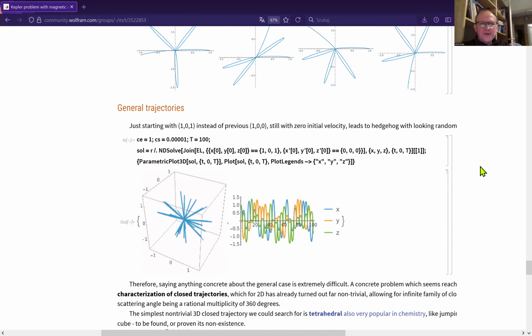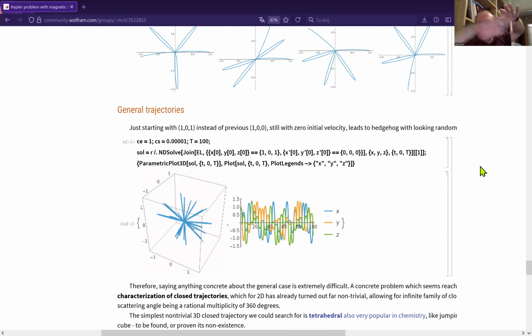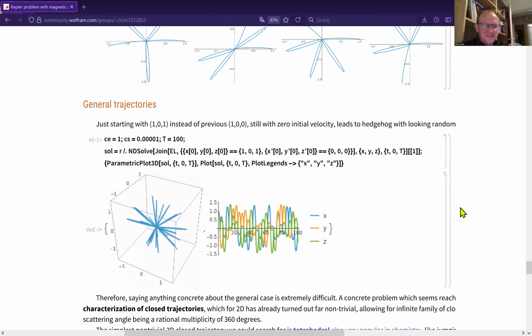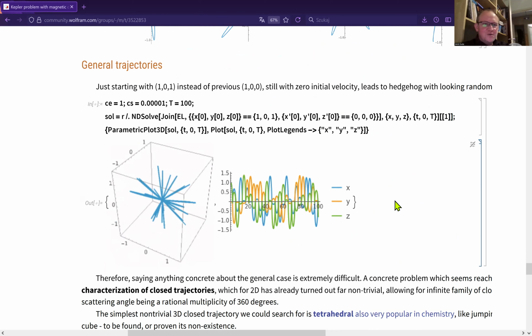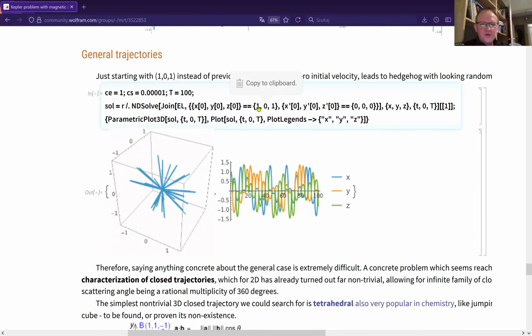So finally, while the previous work was in this perpendicular plane, now the question is what's happening in the general plane. However, this is a difficult question. Here we start not from 1, 0, 0, but from 1, 0, 1, still with zero initial velocity, and we can see that we get this hedgehog.